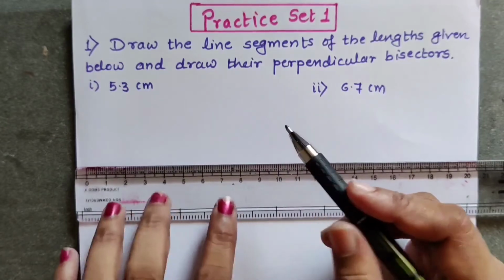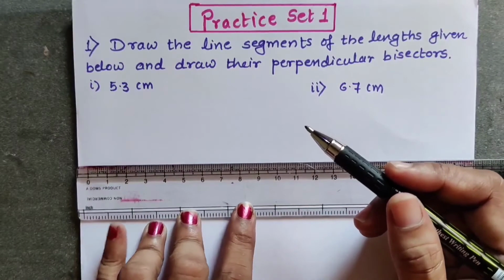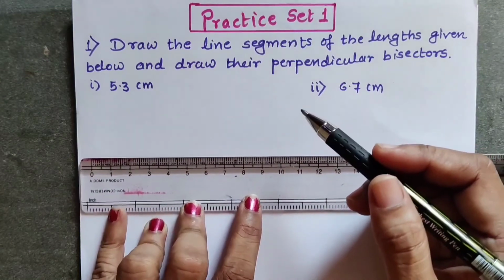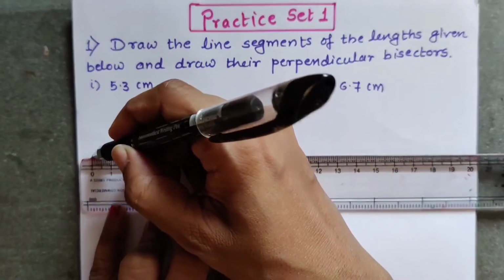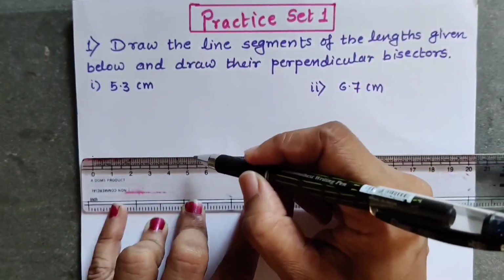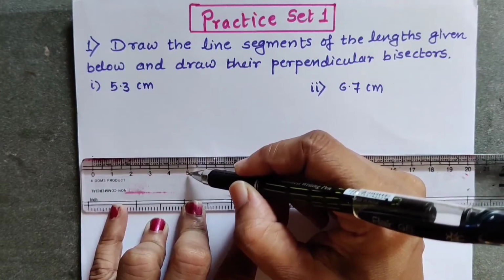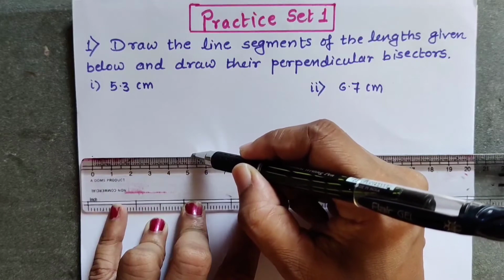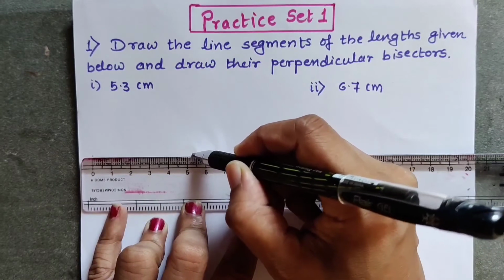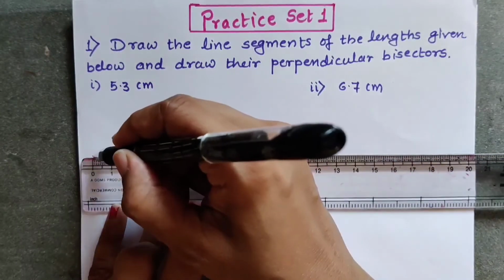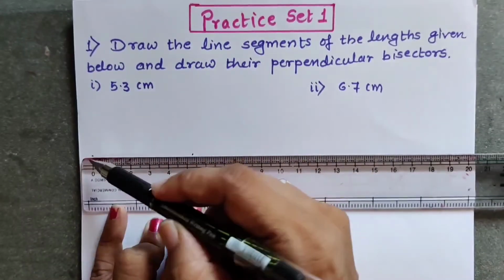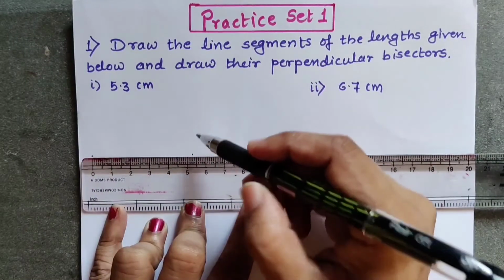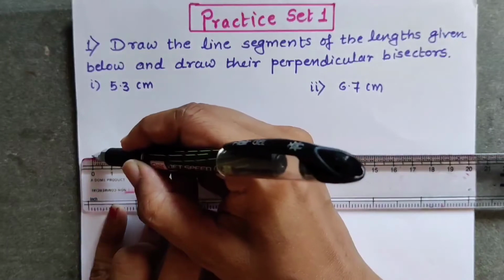So let us see. First we have to draw a line segment of 5.3 centimeter. From 0 to 5.3 means after 5, the third line will be 5.3. See the third line here, exactly at the third line we have to put the point, and then join these 2 points, the point at 0 and the point at 5.3.